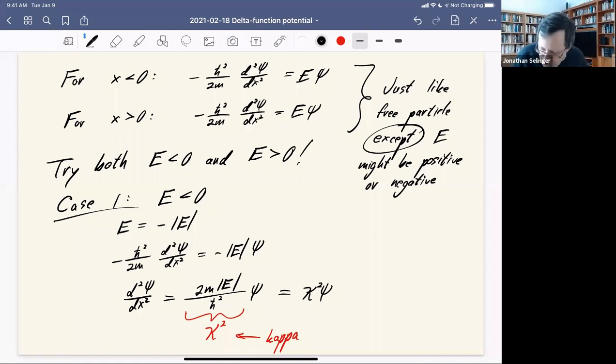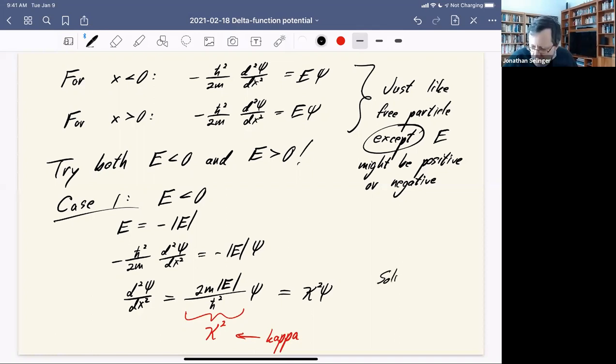So the solutions for that are just exponentials, right? And so not complex exponentials, but just ordinary exponentials.